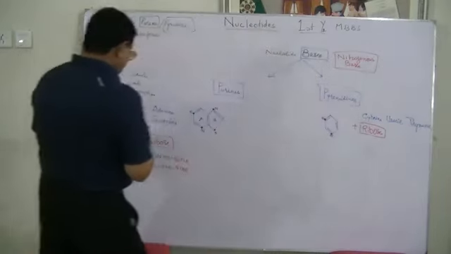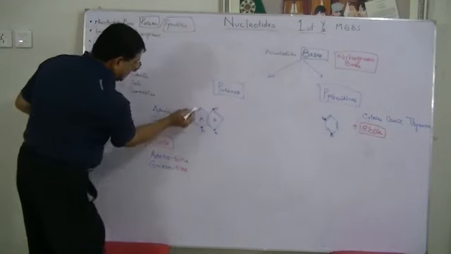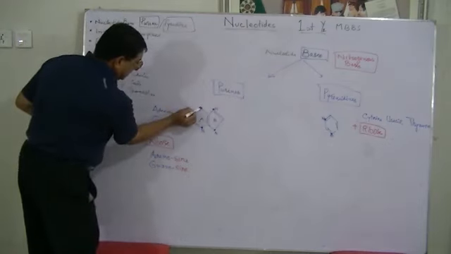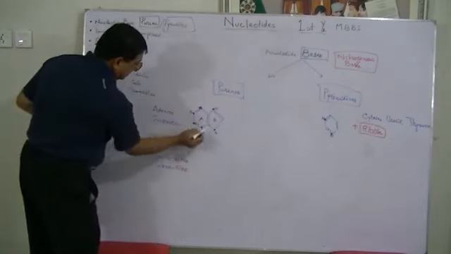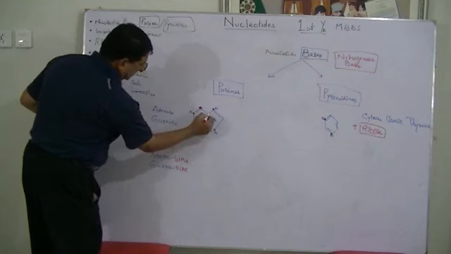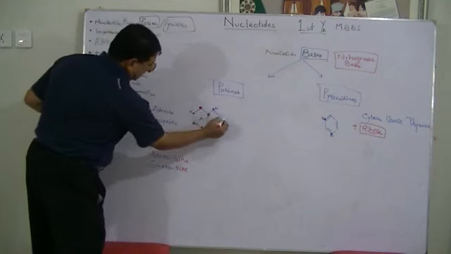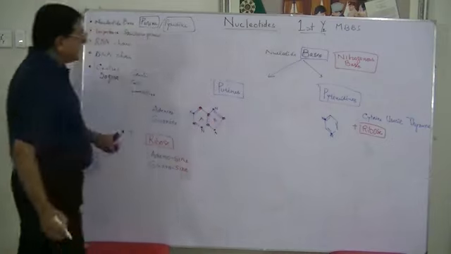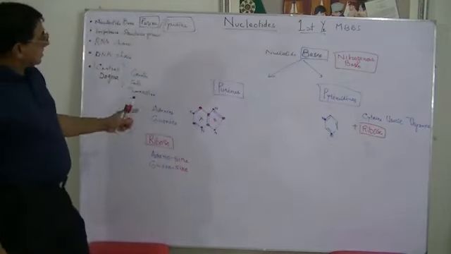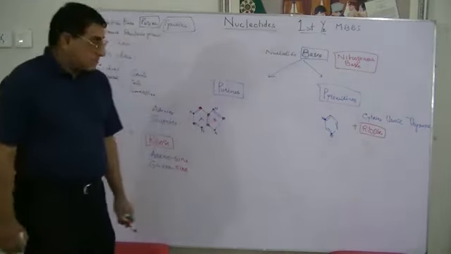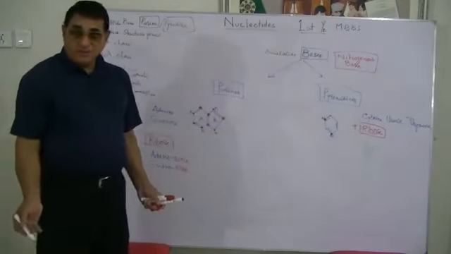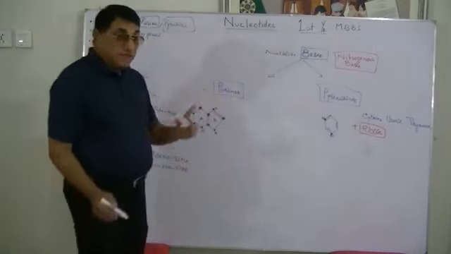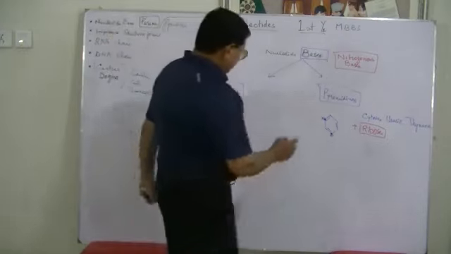The rest of the atoms of the rings are made up of carbon. Right? So you've got two rings in purines, A and B. And you've got only one ring for pyrimidines.